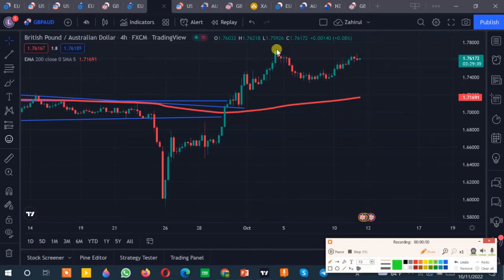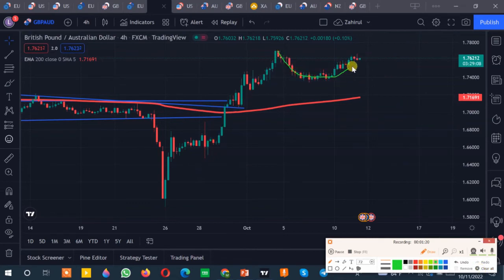From this chart, it is forming a pattern. We know one pattern, cup and handle. This is the uptrend market. From this uptrend market, here it is making a cup. This is the handle, and next it will go here.